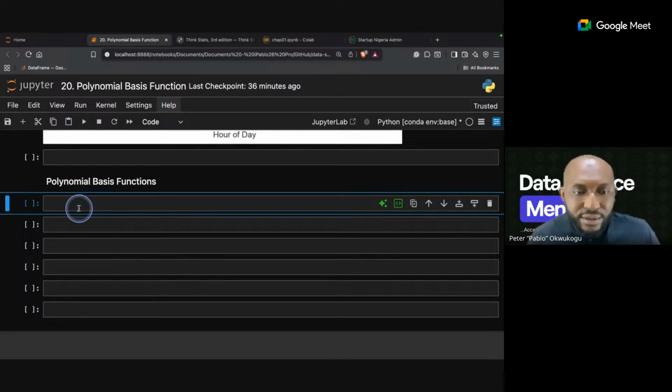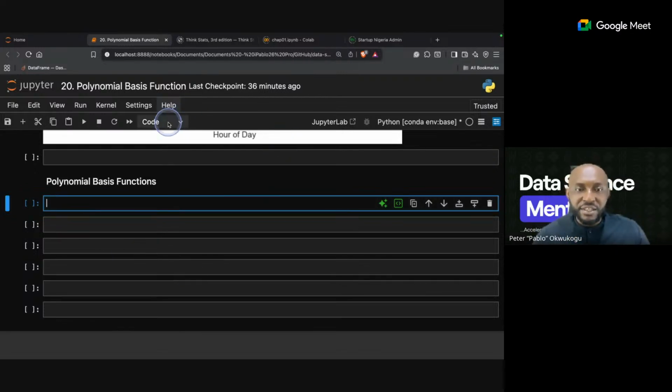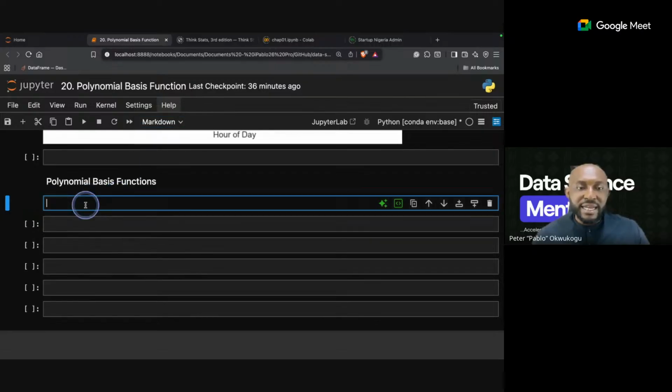So we'll start off by explaining some of the things, and I like this part where I mentioned it's a clever trick.